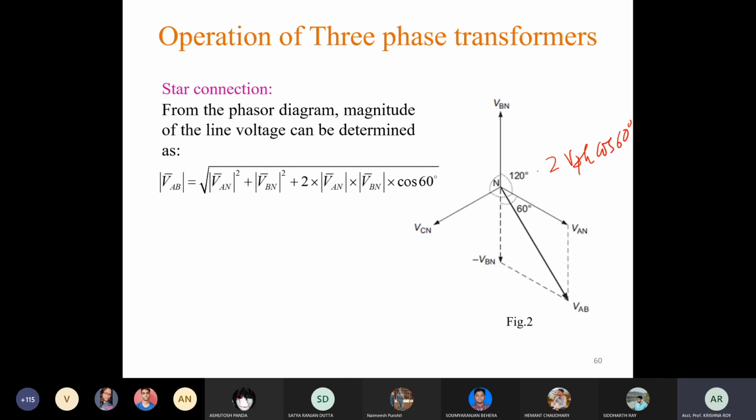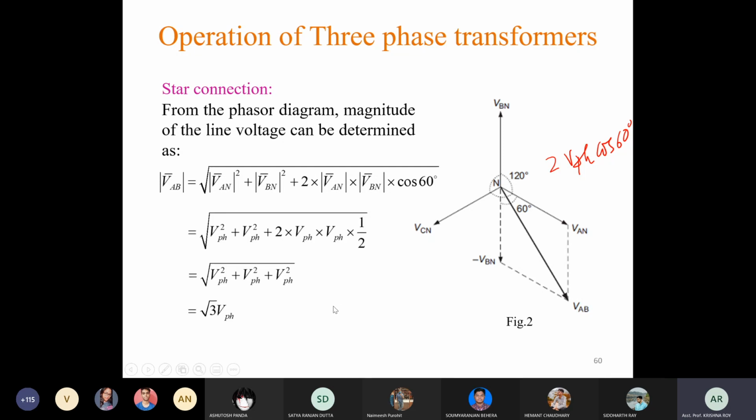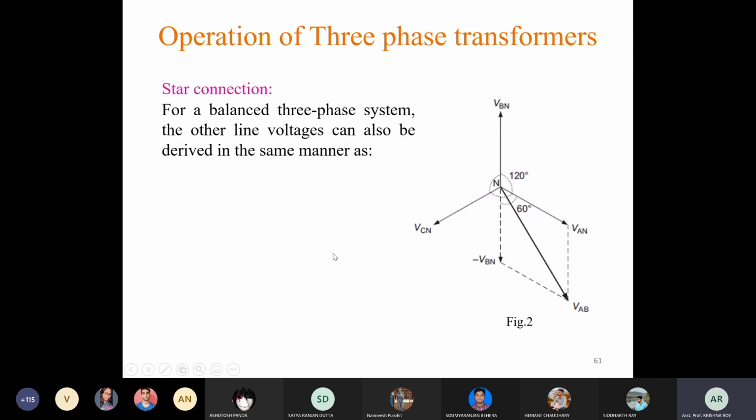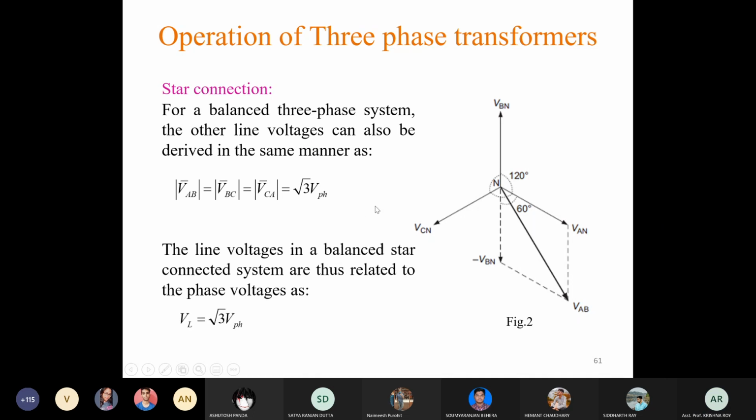So this 2 will cancel out, and we get directly root 3 times V phase, or we can apply this expression. Okay, so that is the relation between line voltage and phase voltage. So for a balanced system, all the line voltages are equal. So VL equals root 3 V phase. That is the relation.